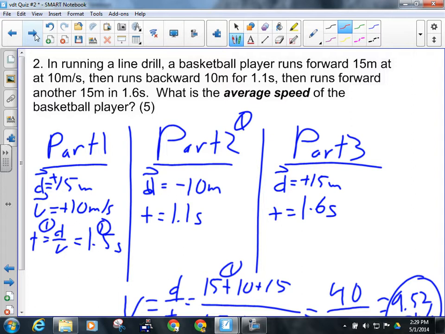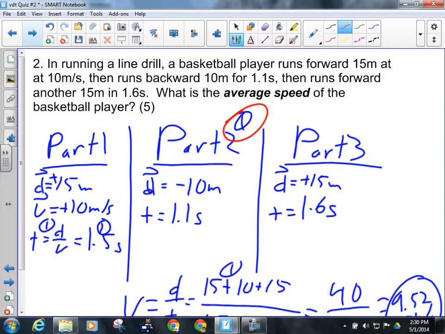Number 2, we got the 3 parts here. If I want to find his average speed, I need to know his total distance traveled and his total time while running. So I've got to find those things for each of the parts. If they have some givens written down, give them a mark. In part 1, they give me the distance traveled and the speed at which it is traveled.